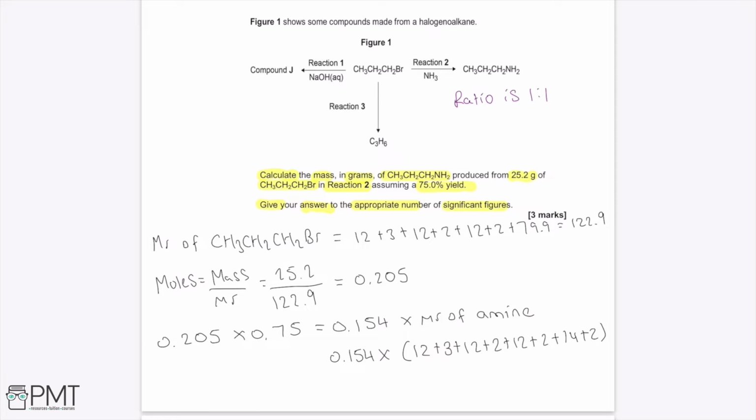And when we do this, we'll get an answer to an appropriate number of significant figures of 9.07 grams. So in this question, we get a mark for our 0.205, a mark for our 0.154, and then a mark for our final answer of 9.07. And this gets us all 3 marks for this question.